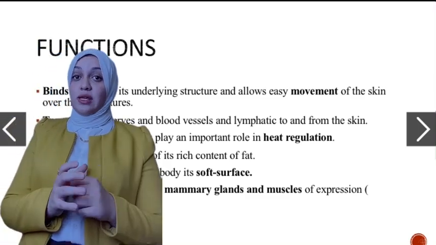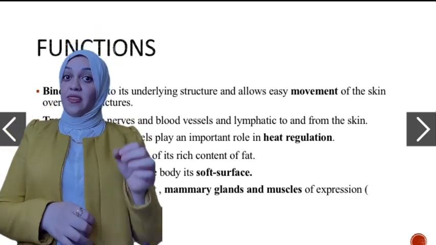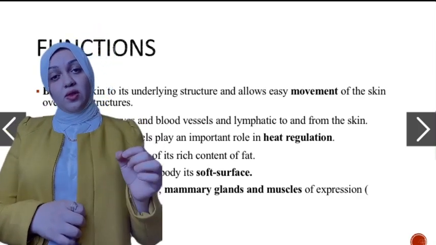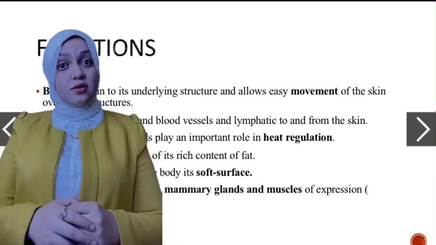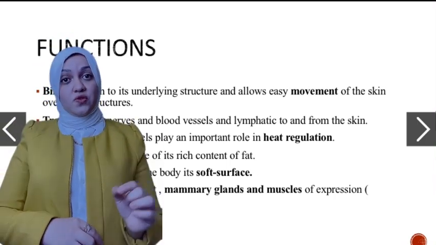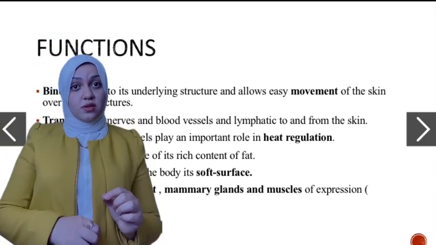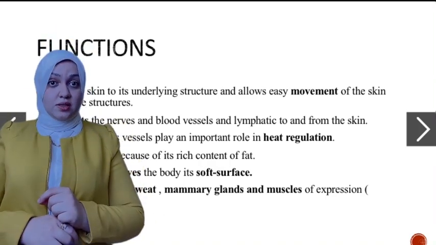Now, it also keeps our body warm by another mechanism. The fat that is present within this fascia can actually be metabolized, and it can give ATPs, adenosine triphosphate molecules, that are the source of energy in the body.